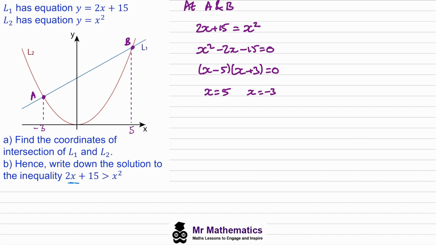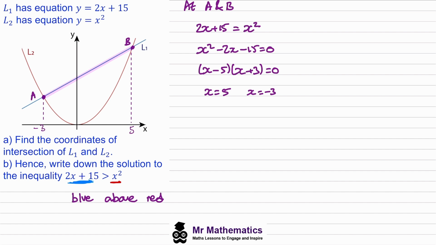We know that 2x plus 15 is the blue line and x squared is the red line. Because it's going to be greater than, we want the blue to be above the red, which is when x is between A and B. Can you see that this blue line is always above this red line?